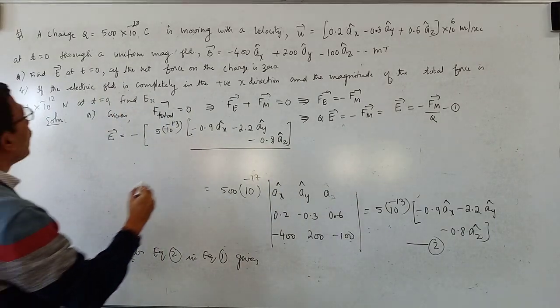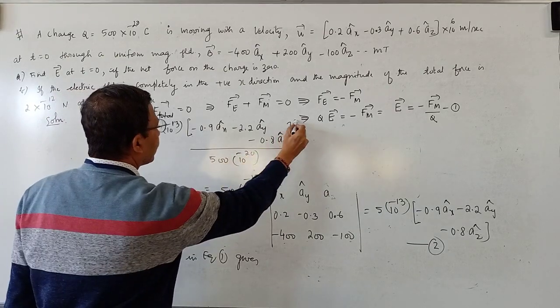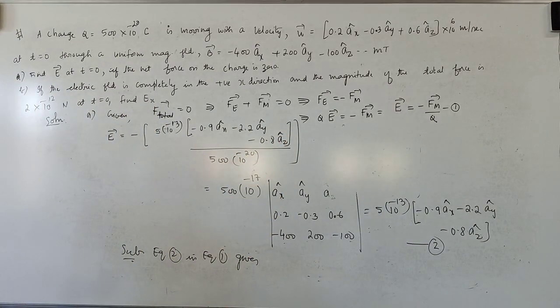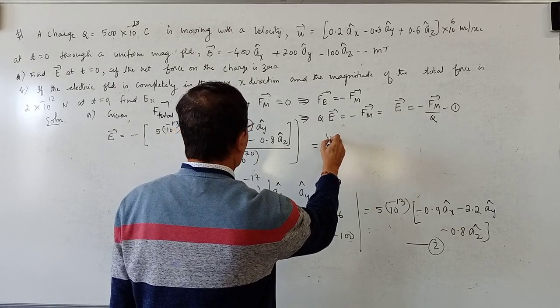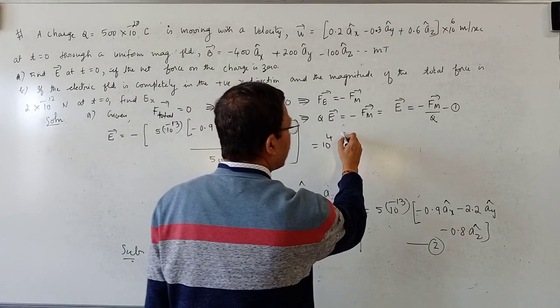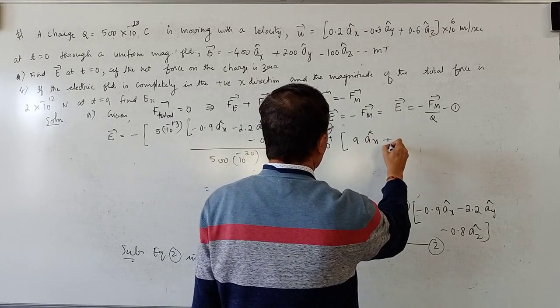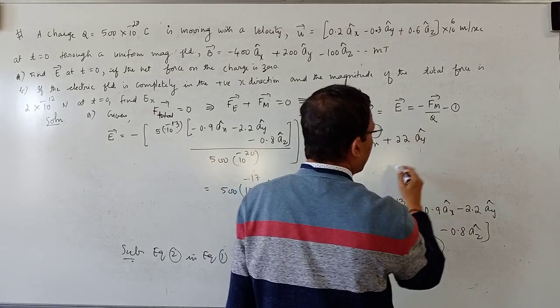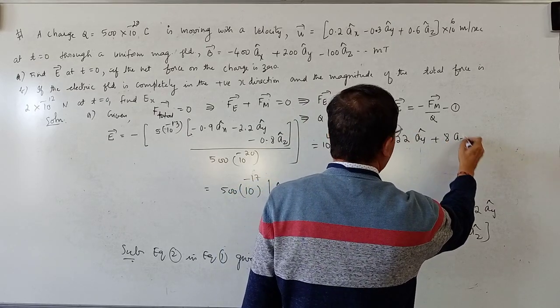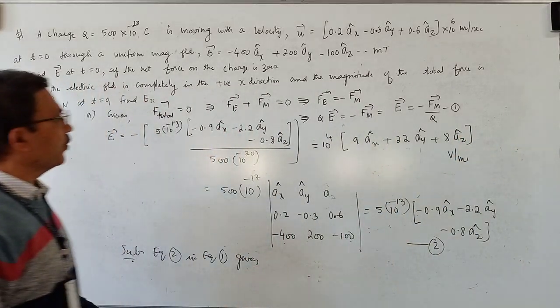What is q? 500 into 10 to the power minus 20. So if you simplify this expression, this is the answer you are going to get. 10 to the power 4 into 9 ax cap plus 22 ay cap plus 8 az cap. So many volts per meter. This is the answer of part A.